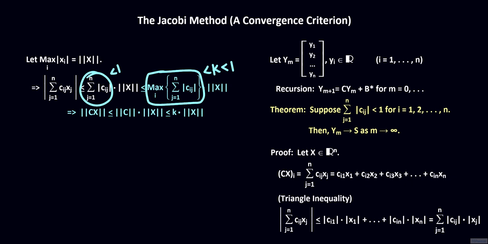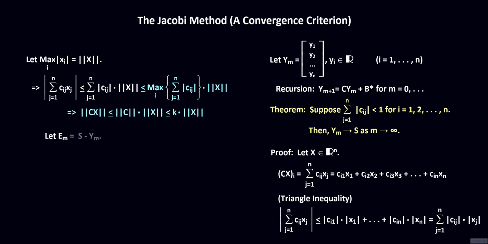We define the error vector uppercase E sub m as the solution vector S minus the estimate Y sub m, so that E sub m plus 1 equals S minus Y sub m plus 1. Since S is a fixed point of the Jacobi recursion, S equals C times S plus b star.